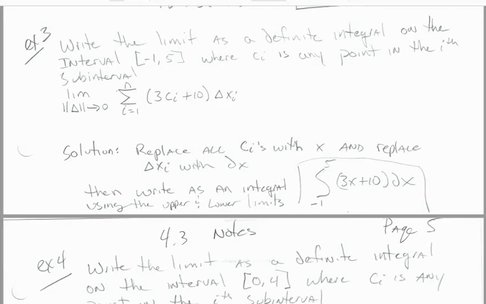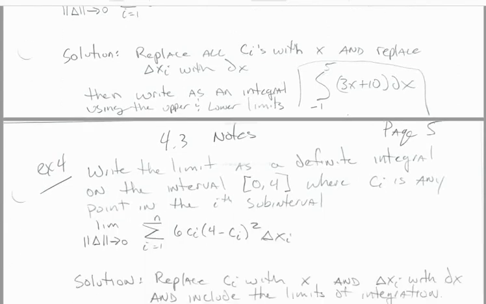That translates to 3x plus 10. Anywhere we have a delta x, a change in x, we are going to write dx. So our solution is literally this integral on the bottom right hand side of -1 to 5 of 3x plus 10 dx. Alright, let's do another example like that.